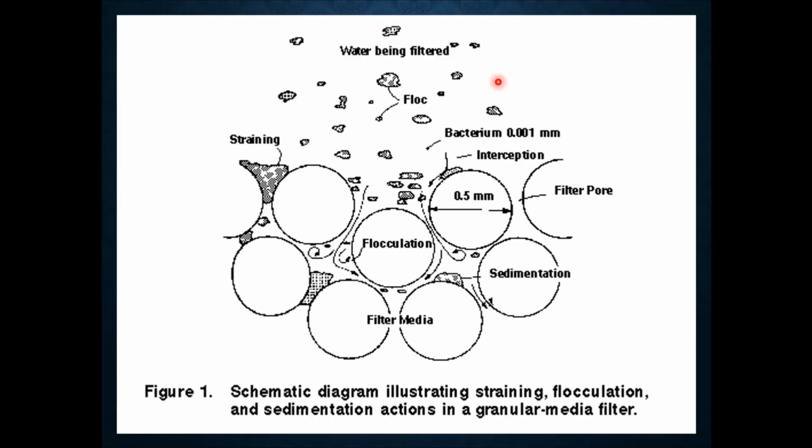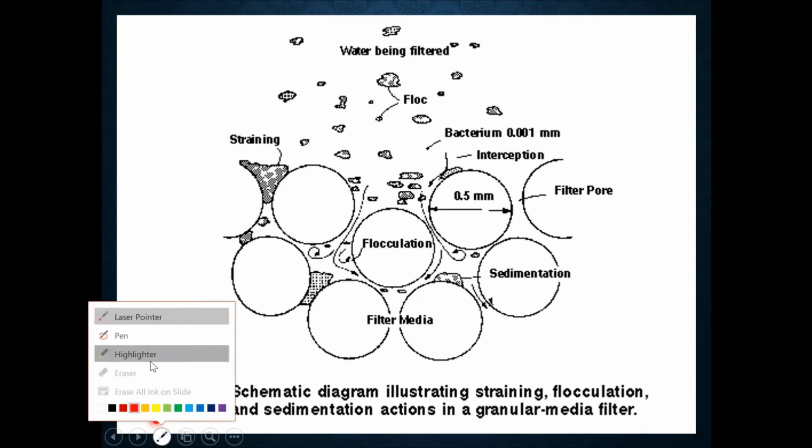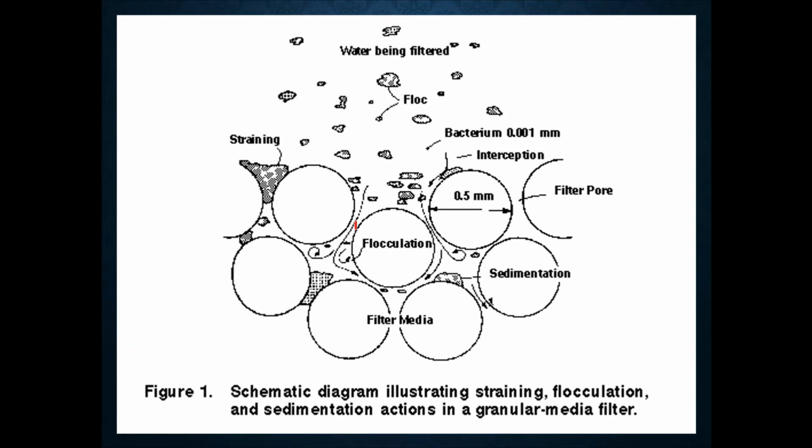Particularly talking about the first, that is mechanical straining. I will explain the meaning of this first process. Here you can observe that there is a pore space between the filter media or sand particles, an open space, or you may call it a void space, between two particles.